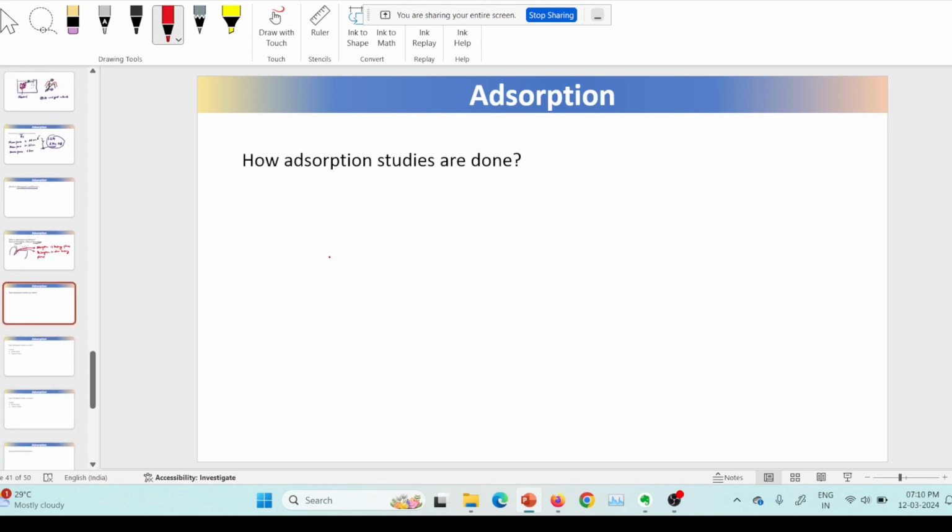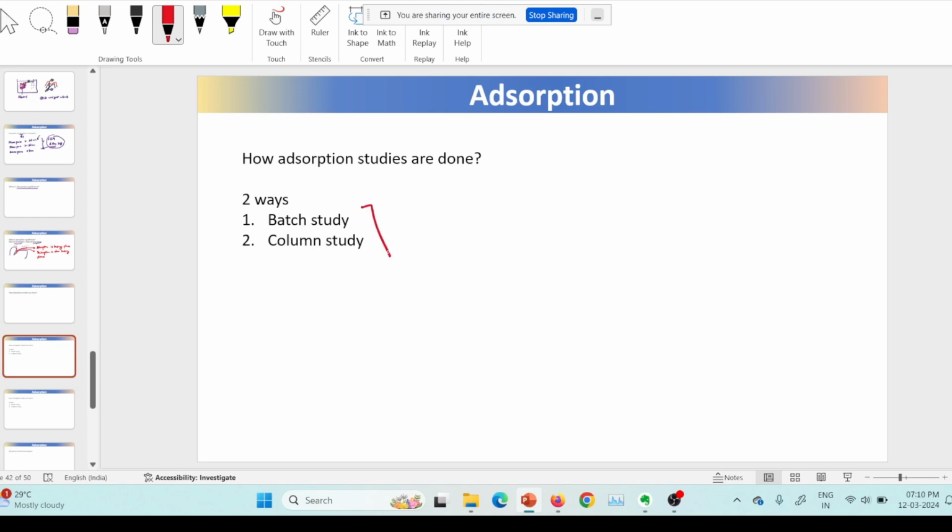How are adsorption studies done? These studies are done in two ways. One is batch study and one is column study. In batch study, we'll take a conical flask, we'll take water with adsorbate, and we'll put in the adsorbent, then mix it, and then check at different time periods. So this is batch study.